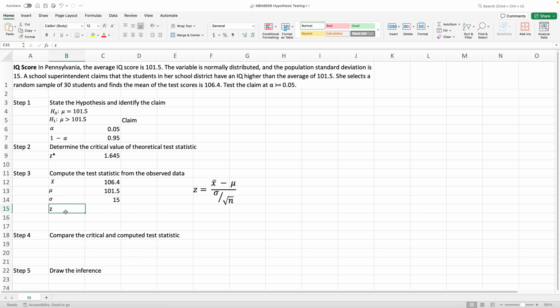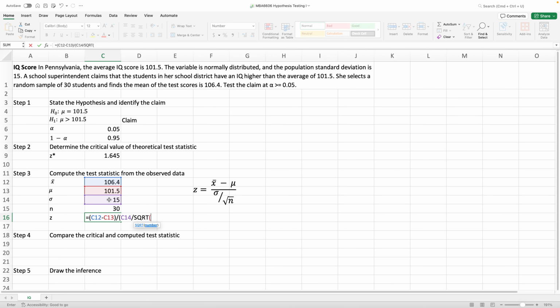Maybe I'll just get the n first and then compute the value of Z. N is equal to 30. So it is x bar minus mu, close the bracket, that's the numerator. Denominator, open the bracket, sigma divided by square root of n, close the bracket for square root and close the bracket for denominator. So what we are observing is the Z value is 1.789.